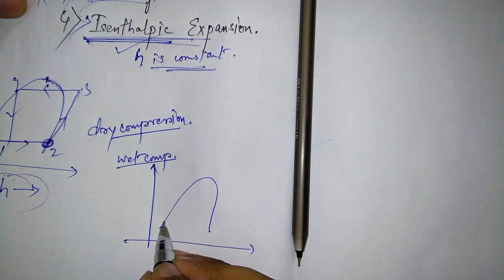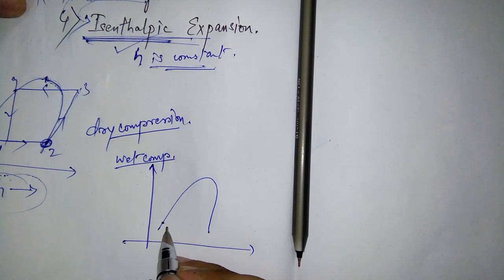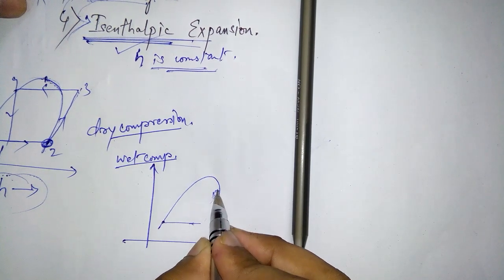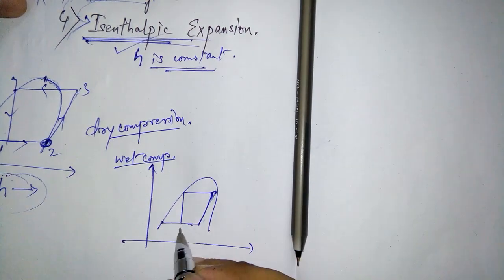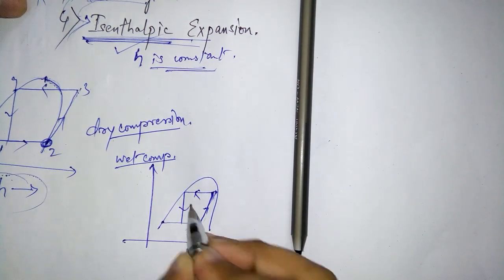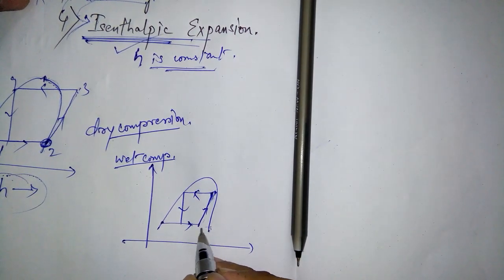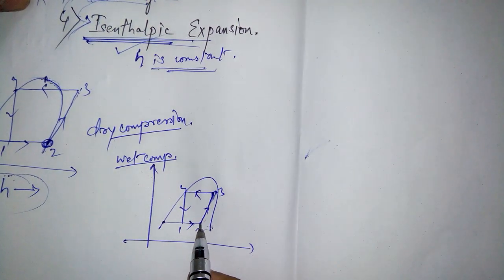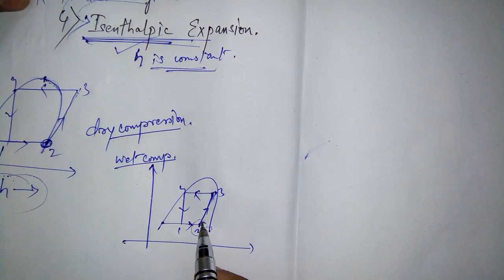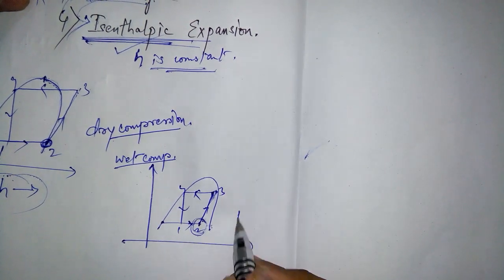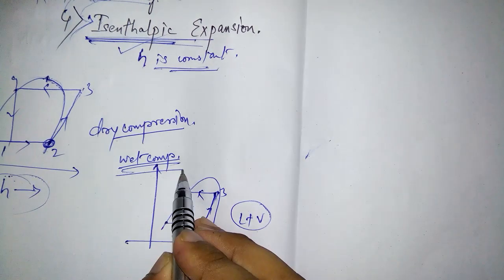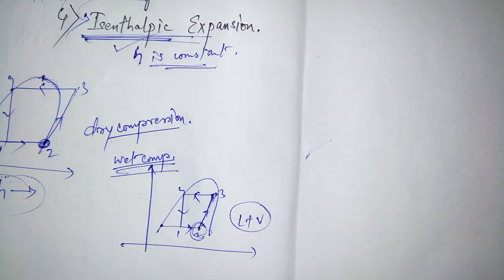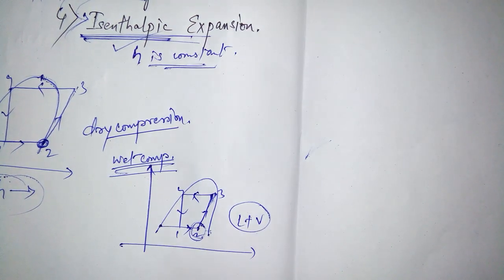This is the vapor dome. For wet compression, the refrigerant entering the compressor is in the liquid plus vapor region. That's why it is known as wet compression. We always favor dry compression. The reason I have told you in another lecture.